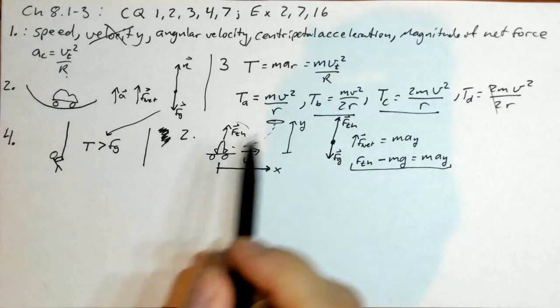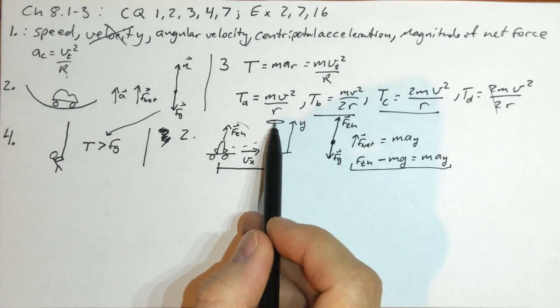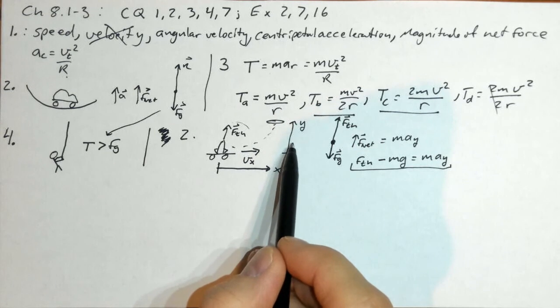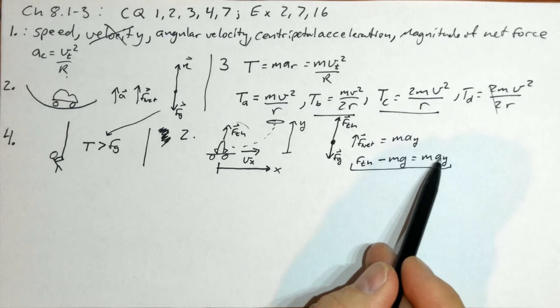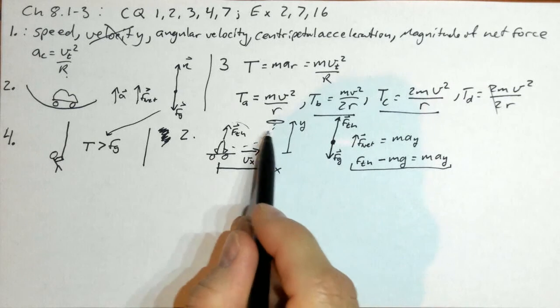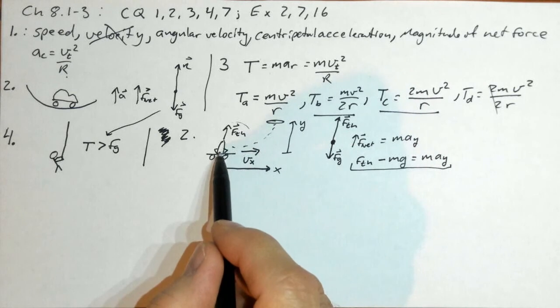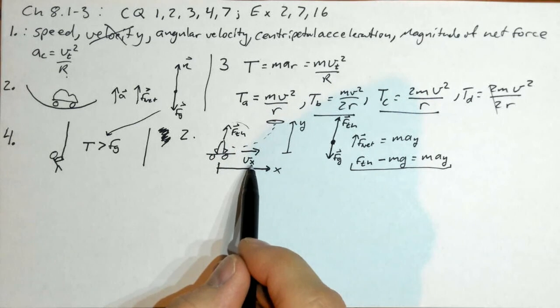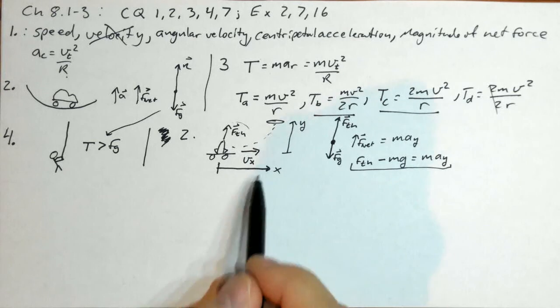We can figure out how long it's going to take to get up here, because we know how high it is, and now we know the acceleration in the y. We can find out the time, knowing it starts from rest. And then the horizontal motion is just constant velocity, and so we can then solve for that one.